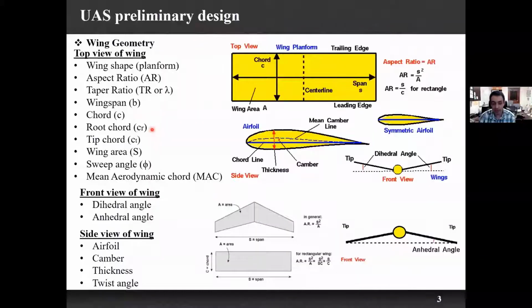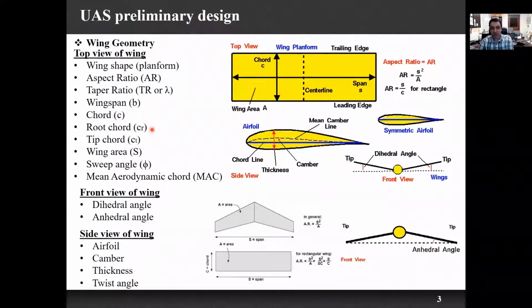So let's go back to the presentation and talk about the wing geometry. For the top view of the wing, we have different parts and components, which we are going to discuss. The first one is the wing shape, or planform.